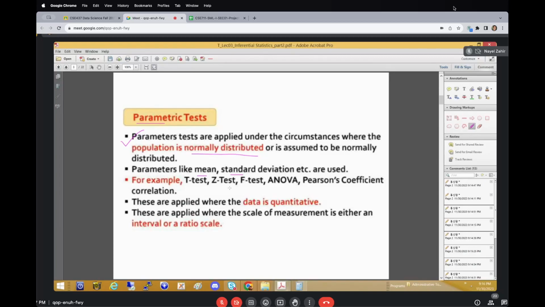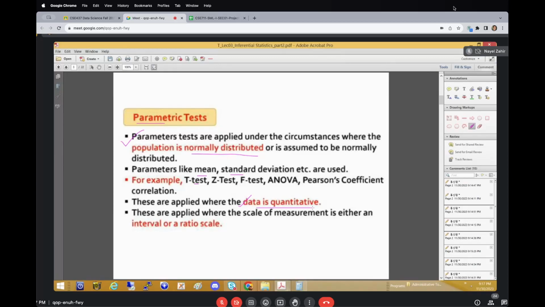Parametric test examples are the t-test, z-test, f-test, and ANOVA, and the Pearson correlation is also a kind of parametric test. These tests are applied where the data is quantitative, so from the quantitative data we can determine the mean.